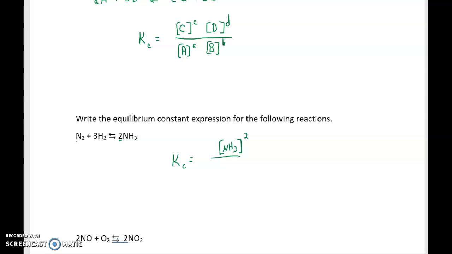Then we need to put the reactants on the bottom. We'll put the nitrogen, and we'll put the hydrogen. The hydrogen we've got 3 of, so we're going to cube its concentration.